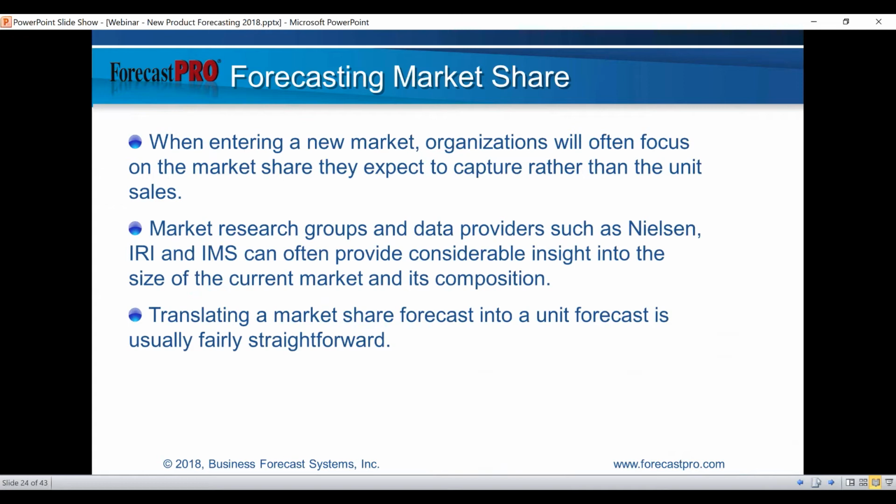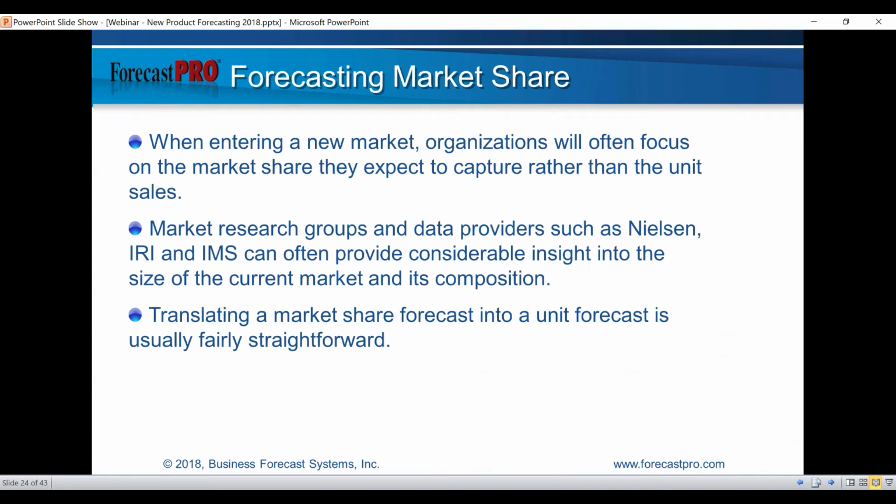It's worth noting that forecasting market share and assumption-based models tend to be slightly earlier in the product cycle, as opposed to some of these other models that we've been talking about. So in a way, it's useful to think of the outputs from these types of models as inputs into some of the other models.